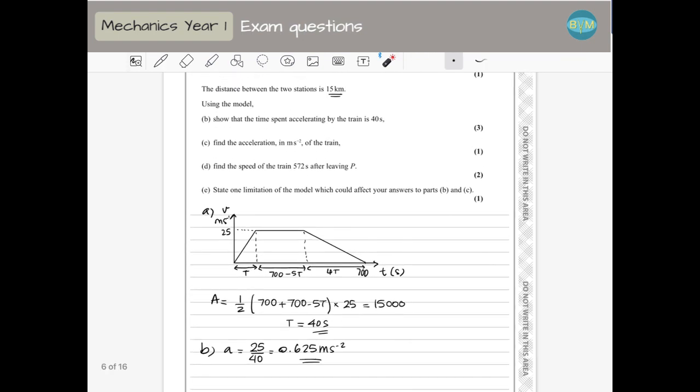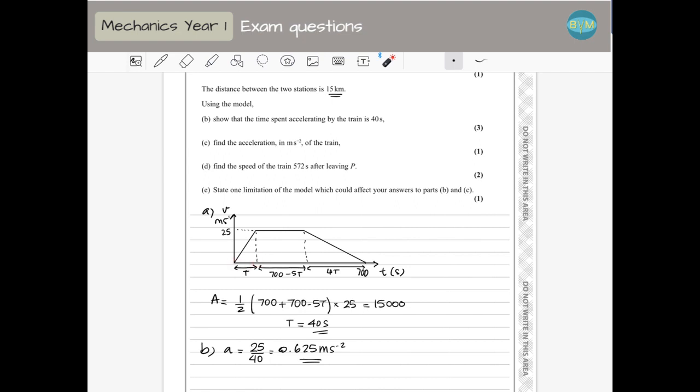Then for part D, they say find the speed of the train 572 seconds after leaving P. We don't know where we are. We don't know if we are accelerating. Well, we know because this is 40, so it's not accelerating, but still we could be here maybe. So we have to check where we are.